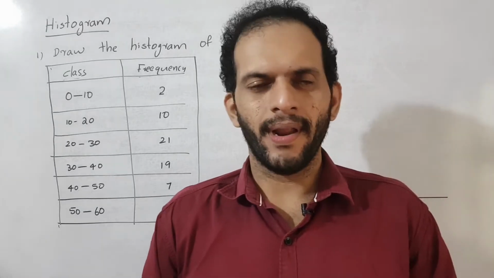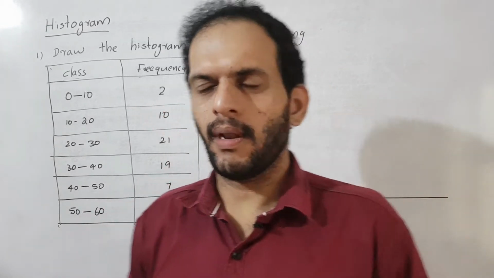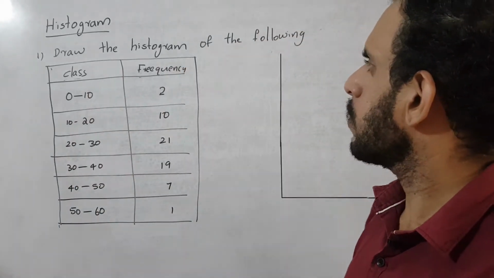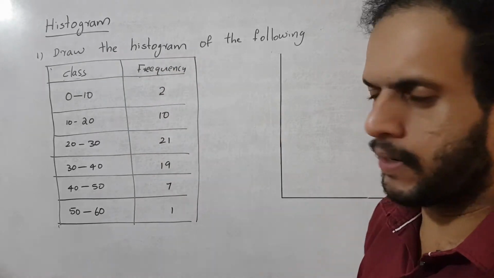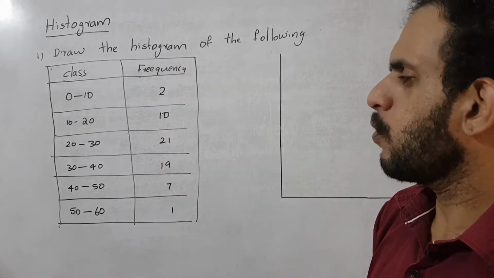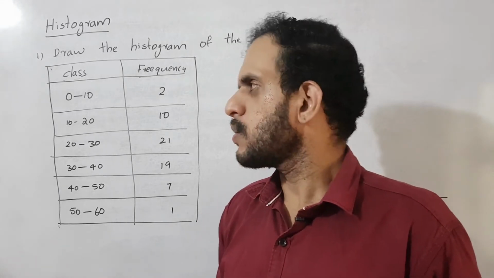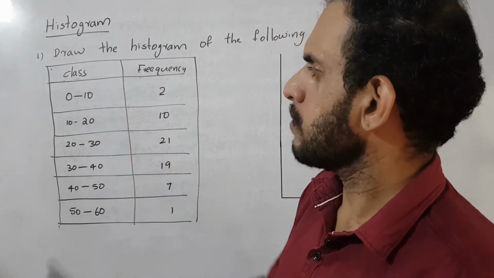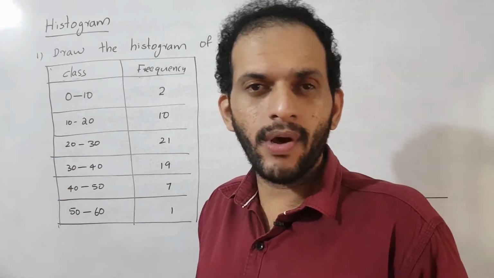We are discussing one example for drawing the histogram. The question is like this: draw the histogram of the following. Here the class and the frequency of the class are given. We studied some particular terms in the last class, correct? So in the first class, what do we call 0? 0 is called the lower limit, correct?